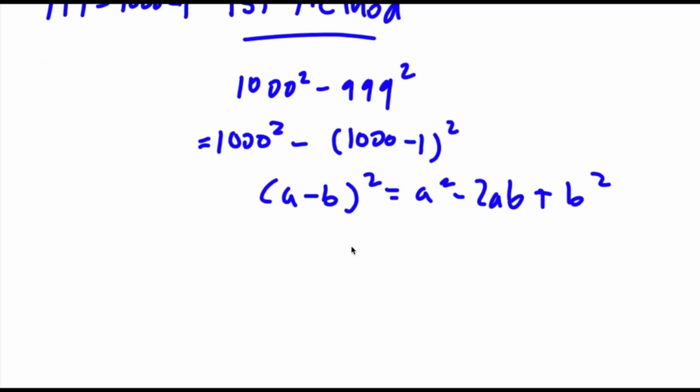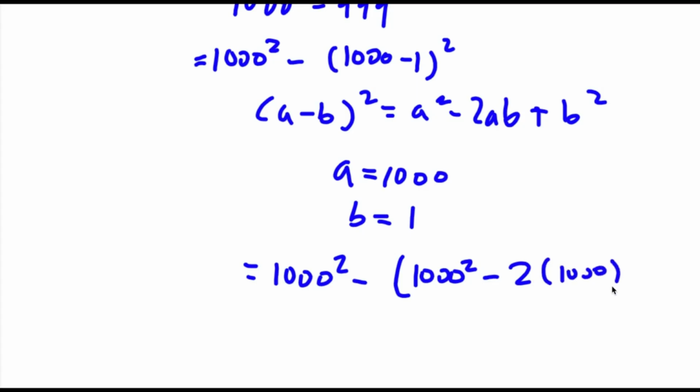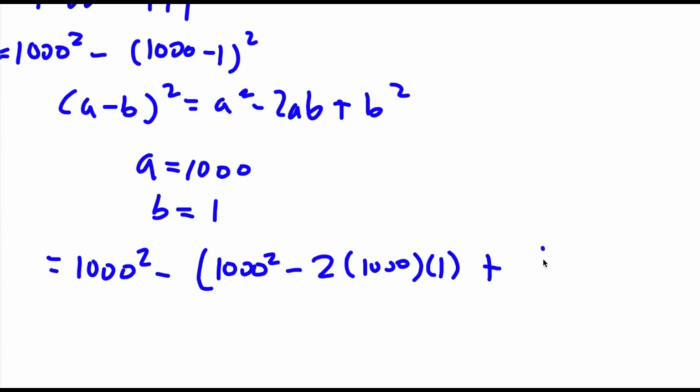So in this case, a is equal to 1000 and b is equal to 1. So this is going to equal 1000 squared minus 2 times 1000 times 1 plus 1 squared.